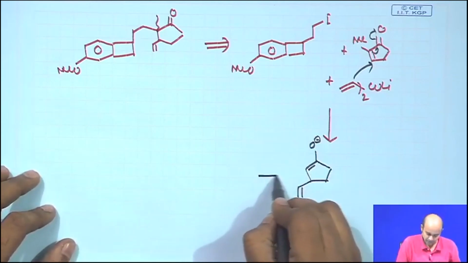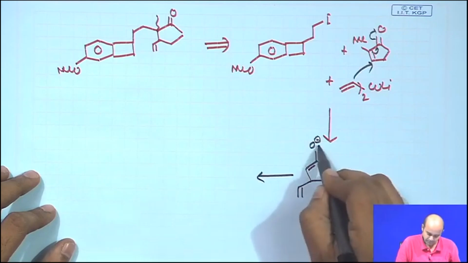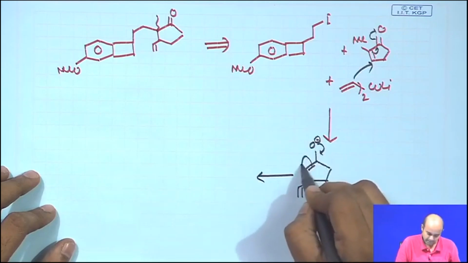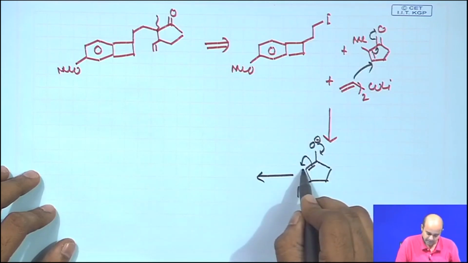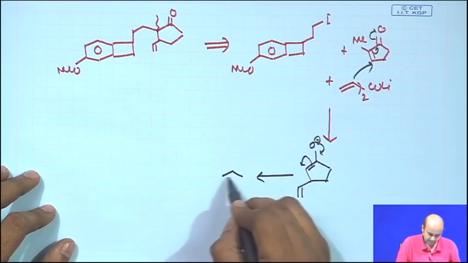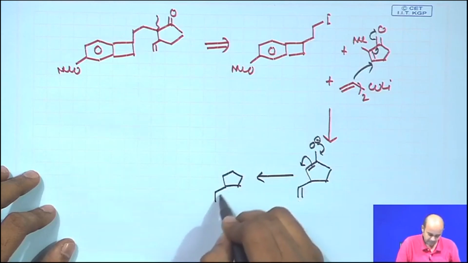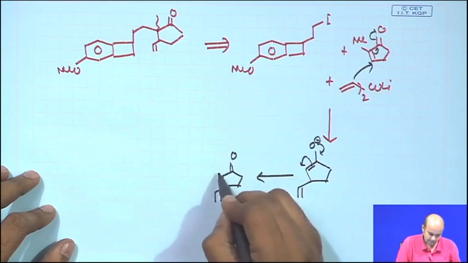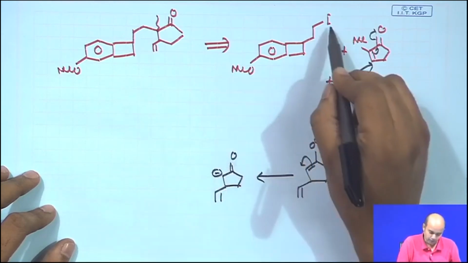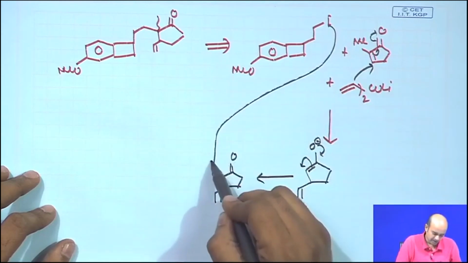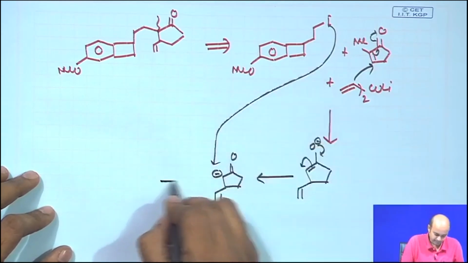Fine. Now, this is basically an enolate. So, this enolate comes back, puts the negative charge here. Okay. And this is now going to be trapped by this electrophile, which is here.